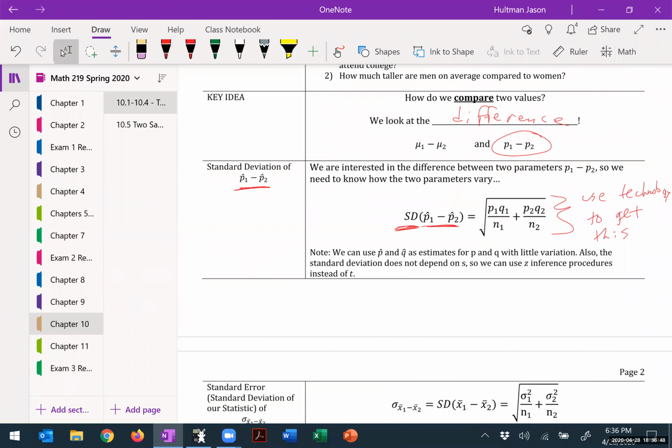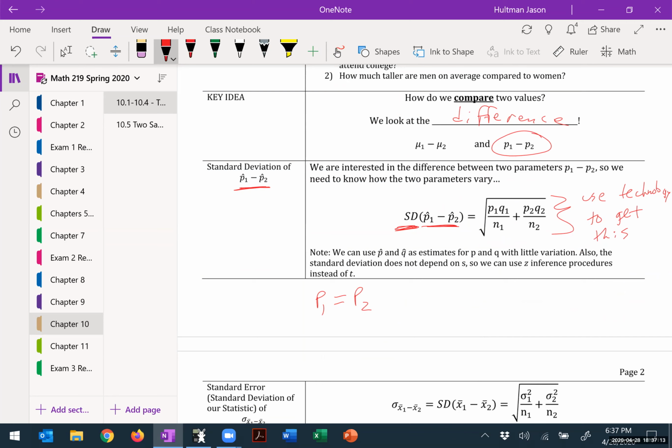Okay, how would we compare two things by the difference? Well, if I want to know that P1 is equal to P2, what would the difference be if the two were equal?